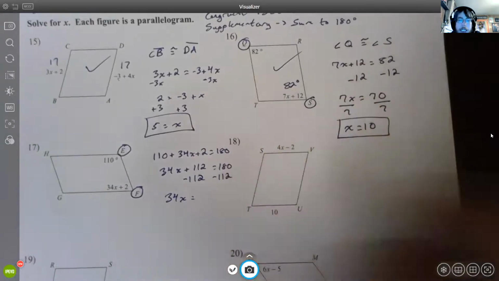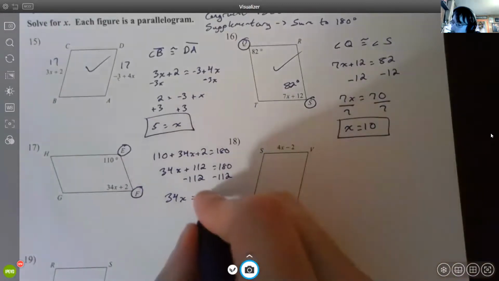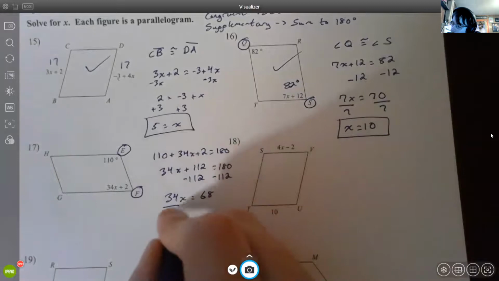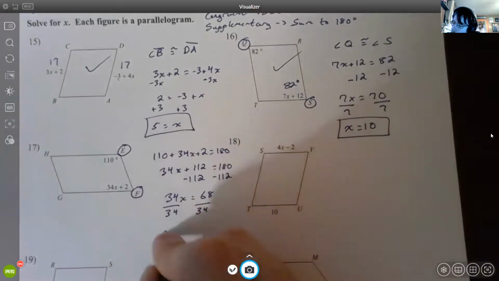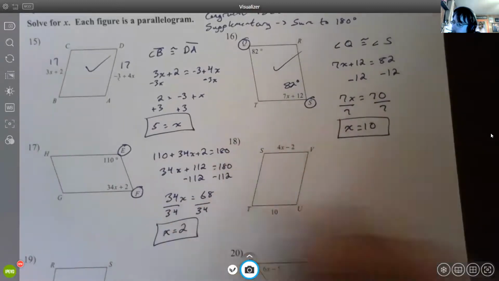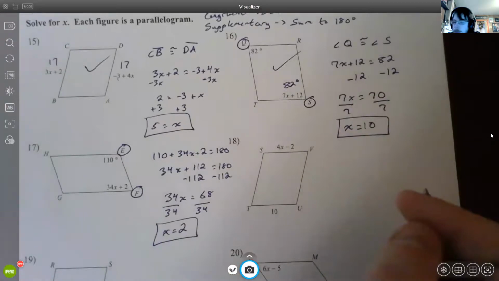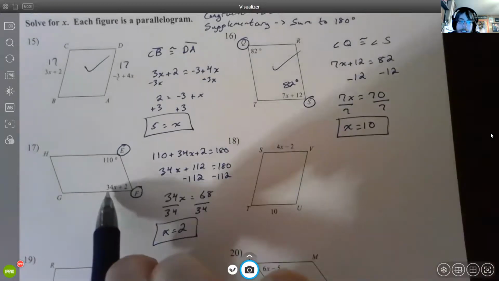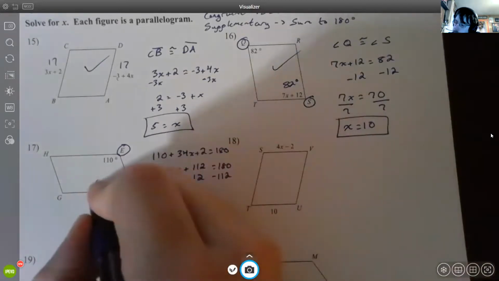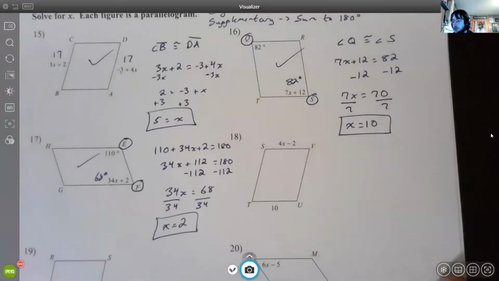If we take 180 and subtract 112, we get 68. Divide both sides by 34, and we get x equals 2. And if you plug that in, you'll get 68 for this angle here, which works.